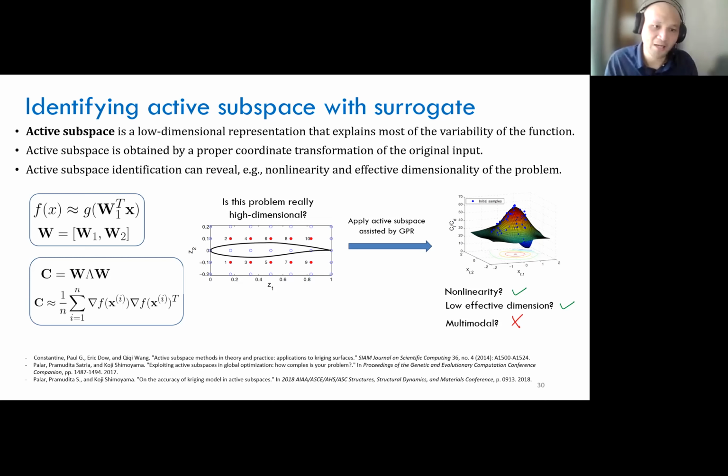So I had a question like this. Okay, it's a 10-dimensional problem, but the question is, is this problem really high-dimensional? And what I did was that I used Gaussian process regression to approximate the original 10-dimensional problem. And then I applied active subspace to this original input space. Then I found the W matrix to rotate my coordinate. And then I found that basically the problem is effectively two-dimensional.